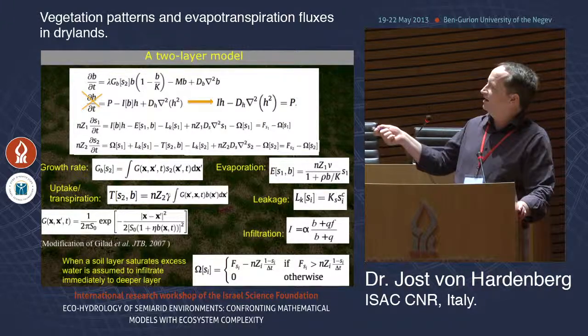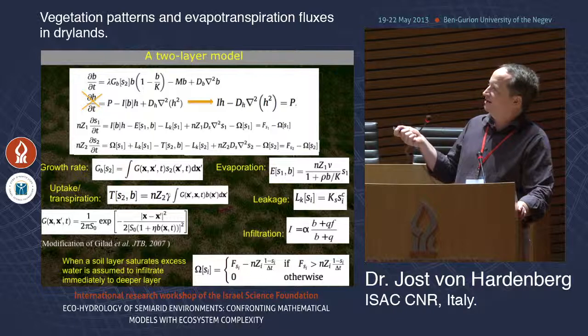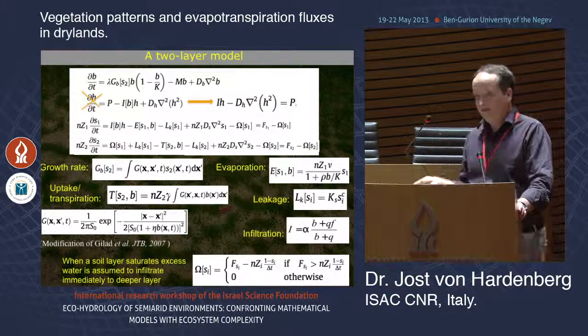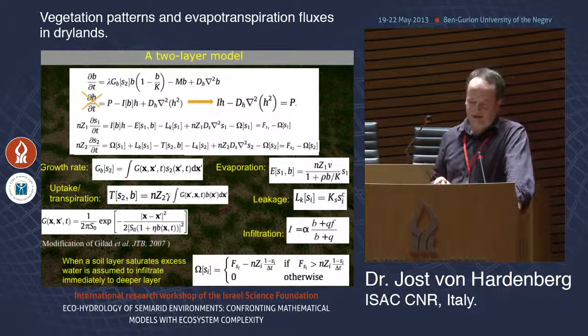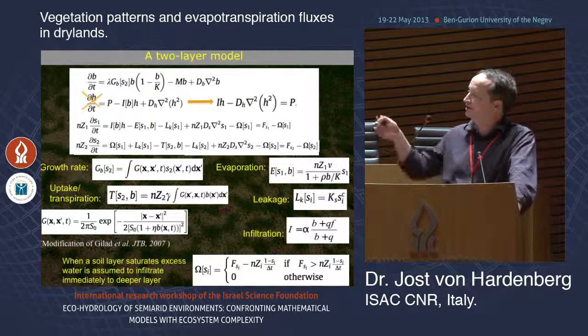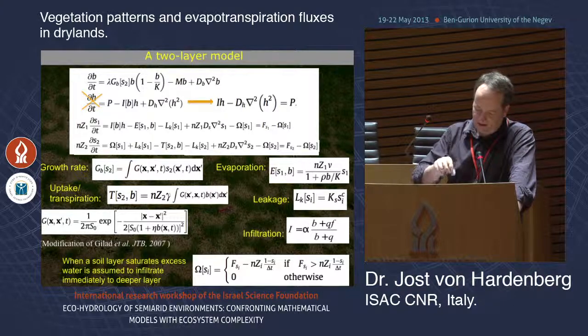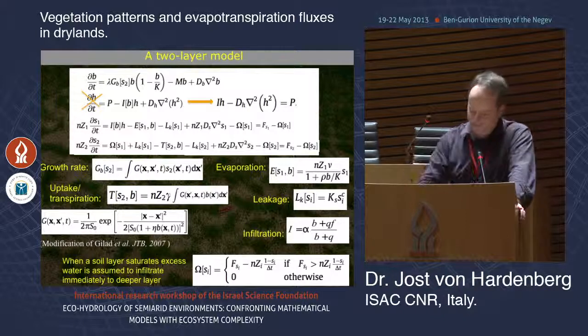Then the other elements I don't go into much detail because they have already been discussed. The main point which we may again mention is that in this model we have the root uptake part, which is controlled by an integral equation. This will be an important point in a short time, namely that the vegetation at one point picks up water from its surroundings.